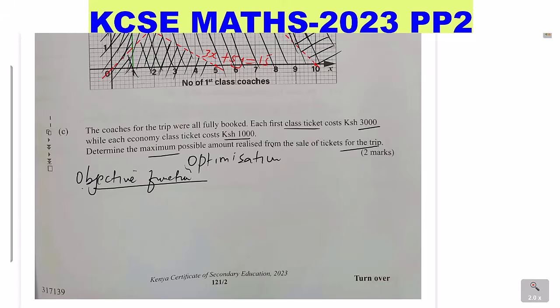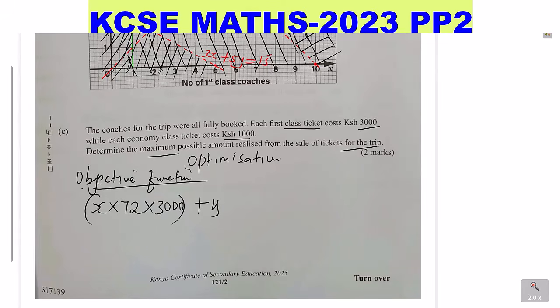So we have x number of coaches for the first class, and each coach carries 72 passengers, and each passenger, that is for each ticket, pays 3,000 shillings. That represents the amount of money obtained by the coaches for the first class. Plus, for the economy class, we have y number of coaches.